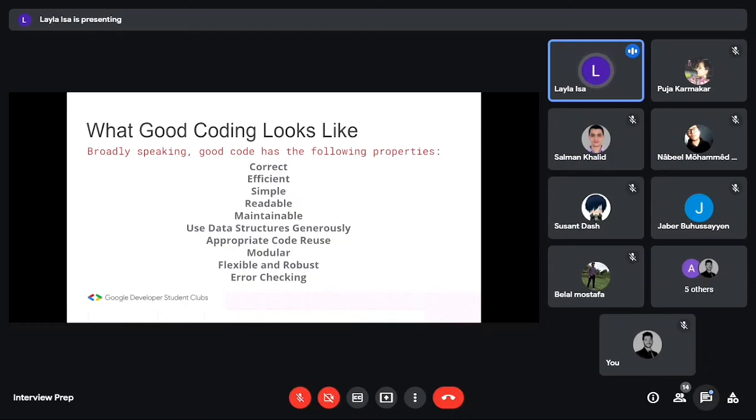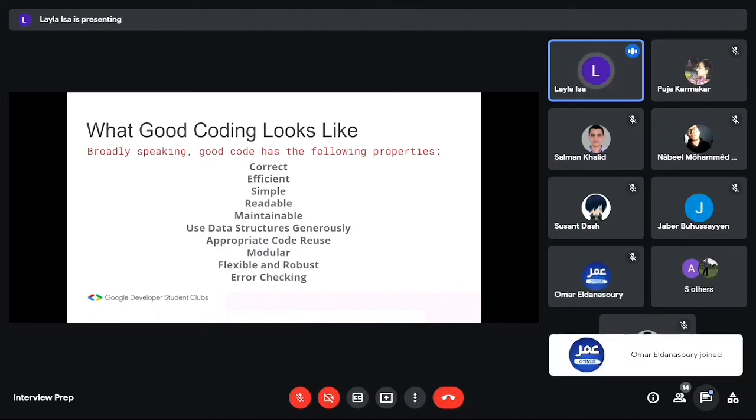Use data structures generously. Yes, maybe you can solve the problem without some data structures, but it's better to use a data structure because it's a bonus. Appropriate code reuse. They will give you a problem. If you solve it in one block of code, they will consider it correct.